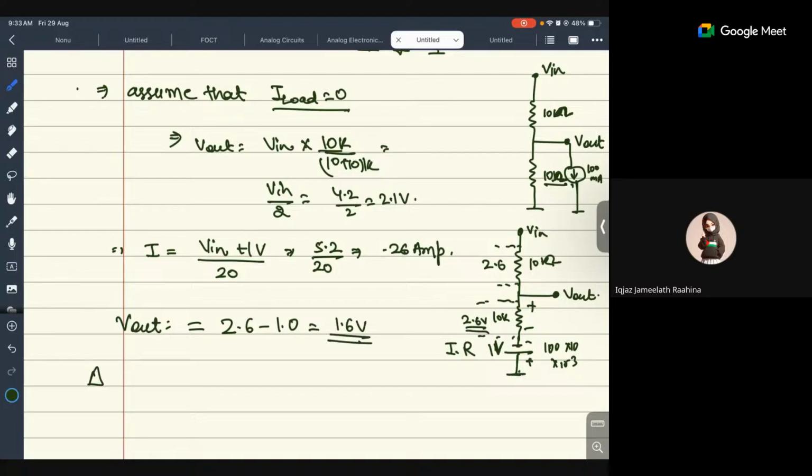Now how much is the change in the voltage, dV out? Let's say this is V out 1 and V out 2. So V out 1 minus V out 2 is 2.1 minus 1.6, which is equal to 0.5 volt, or 500 millivolt. That is question number 4 of graded assignment 10.